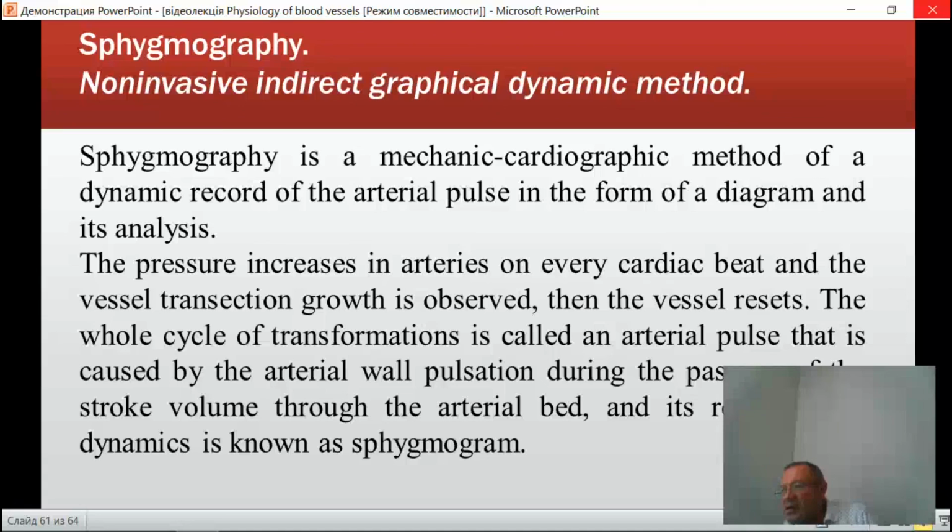The pressure increase in arteries on every cardiac beat, as the vessel's cross-section grows, is observed, then the vessel resets. The whole cycle of transformation is called an arterial pulse, caused by the arterial wall pulsation during the passage of the stroke volume through the arterial bed, and is recorded in dynamics and known as a sphygmogram.